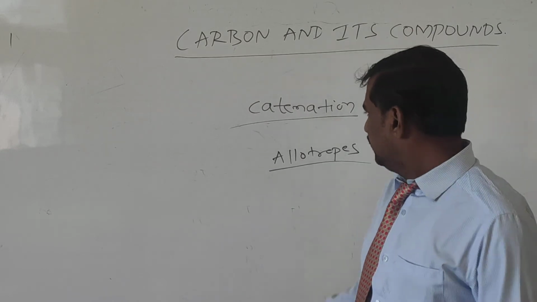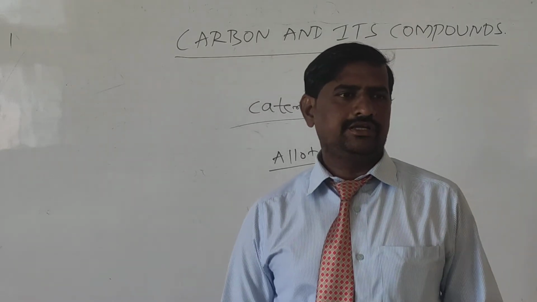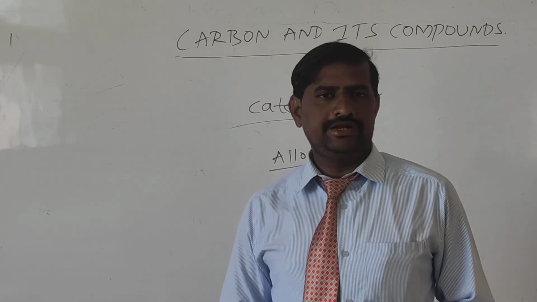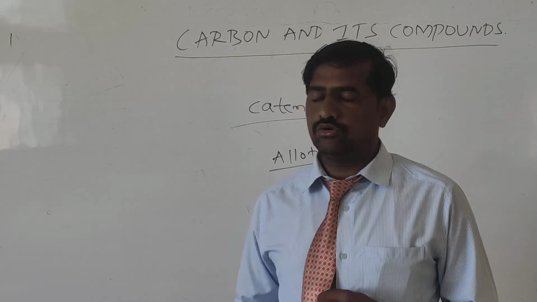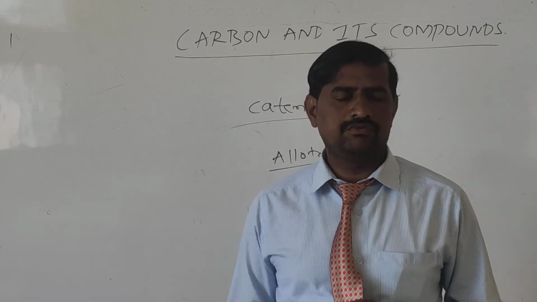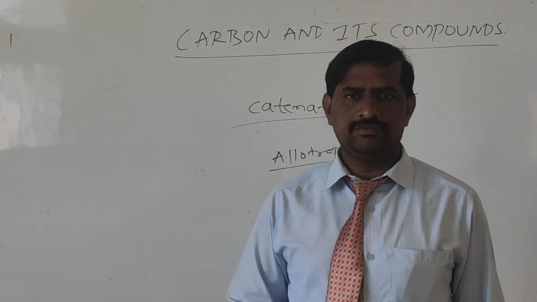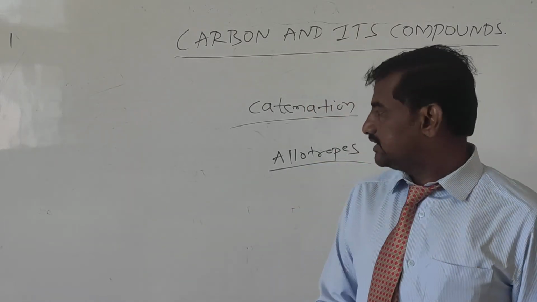For example, take diamond. Diamond is an allotropic form of carbon, but physically diamond is different. Coal and petroleum are also forms of carbon. Chemically they are made up of the same thing, but physically they are different. So that is called allotropes.